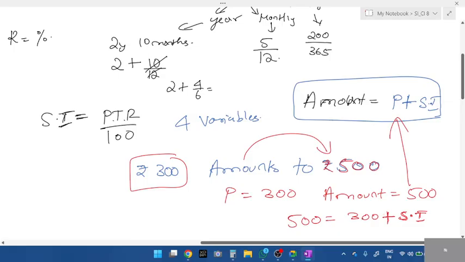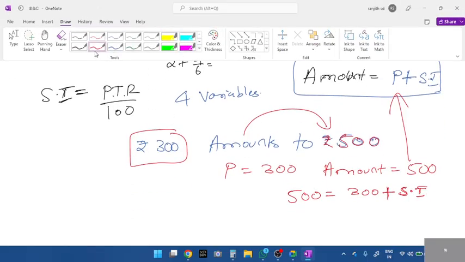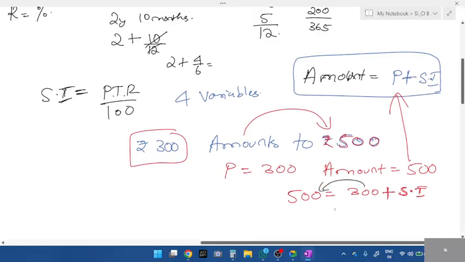Don't give silly answers, students. Amount is 500, principal is 300. Then what is simple interest? What happens to 300? It gets subtracted. So what's the answer? 500 minus 300 is 200. Now we find simple interest.